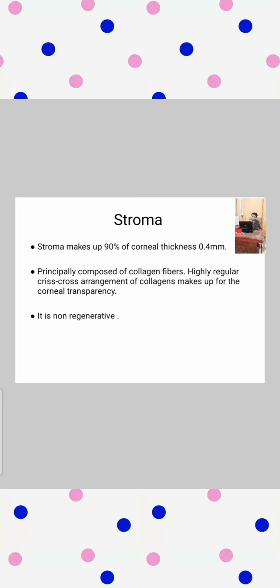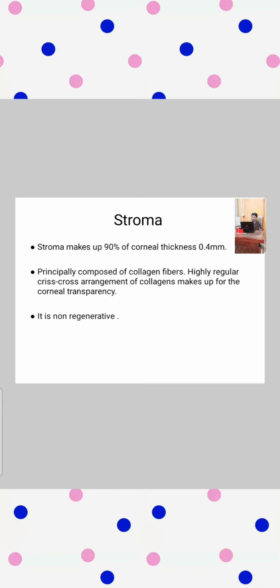The third layer is the stroma, which is in the middle. Stroma makes up 90% of corneal thickness, 0.4 mm, and is principally composed of collagen fibers. The highly regular crisscross arrangement of collagen makes for corneal transparency. It is non-regenerative.